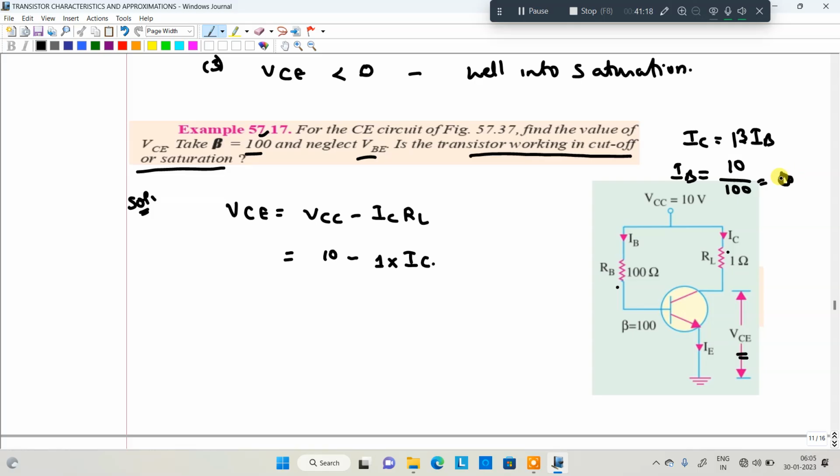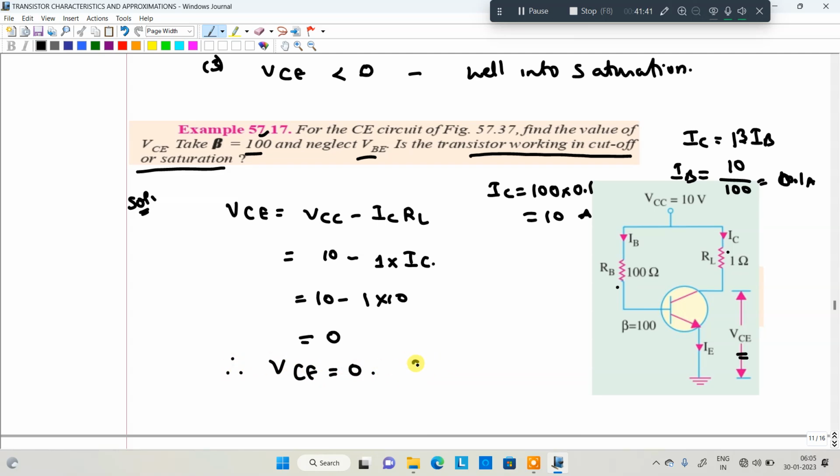Finally IC is equal to beta 100 into 0.1, that will be 10 amperes. Now 10 minus 1 into 10 is equal to 0. So you know VCE is equal to 0, then we can call it saturation. So this transistor is working under saturation.